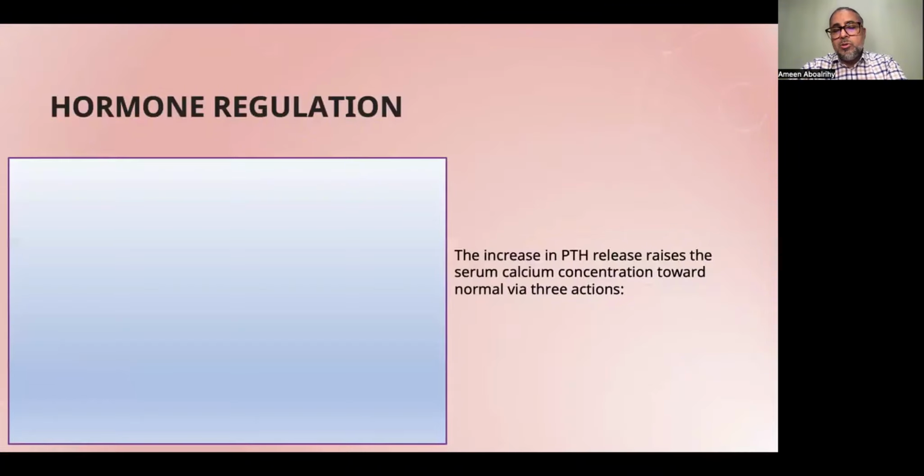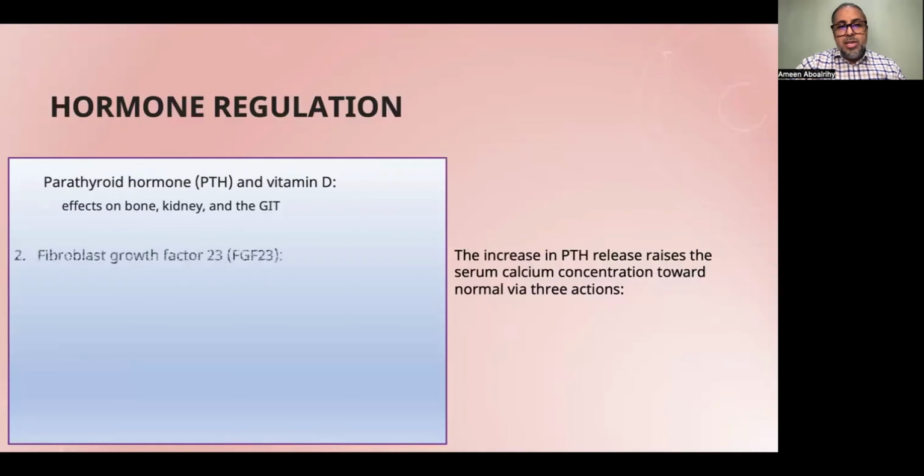When you understand the hormones related to calcium, that is the time that you will know what's going on when you see hypocalcemia. So the main two hormones are PTH and fibroblast growth factor 23. Usually we call it FGF23. And they both are phosphaturic hormones. They excrete phosphate, but they affect the calcium in different ways.